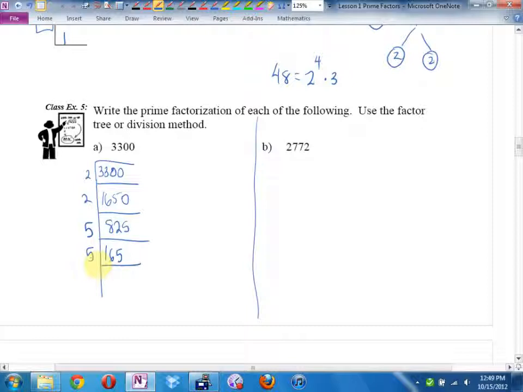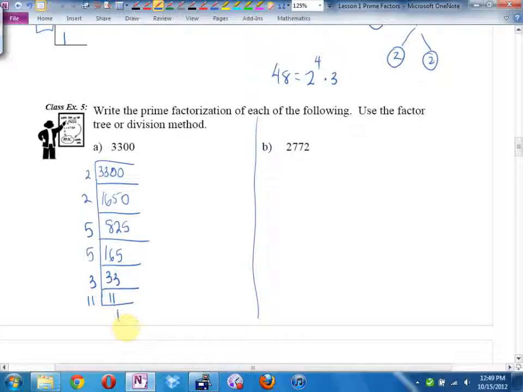Let's keep going just for the heck of it. 33. Yes, 33. 3 goes into it, yep. 33 divided by 3. What prime number goes into 11? 11.